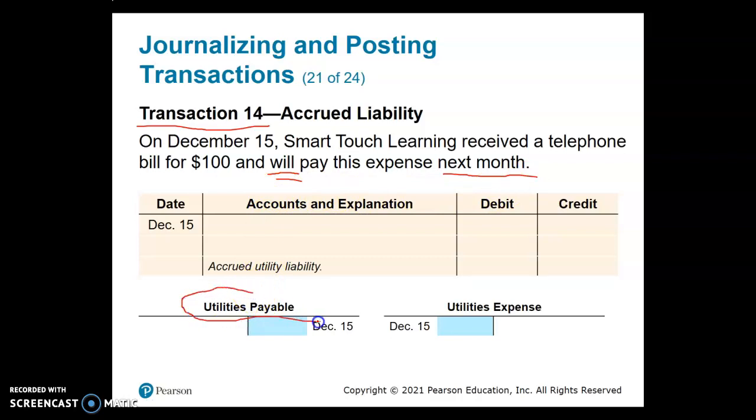It kind of gets grouped in with utilities. So a lot of times, electric, water, telephone, they get lumped in under one account name called utilities payable and utilities expense. So utilities expense just went up, so that will be your debit.